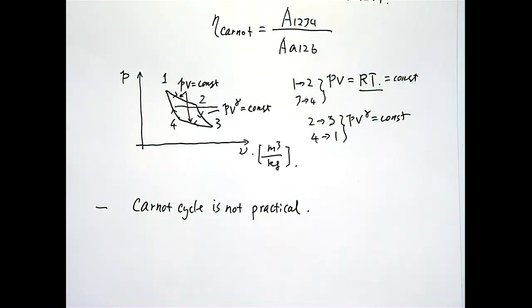If you want to gain heat from a high temperature reservoir, you rely on heat transfer, right? And the driving force for heat transfer is a temperature difference. You need the temperatures to be different in order for heat to be transferred from hot to cold, right? But the process says you need an isothermal heat addition process.